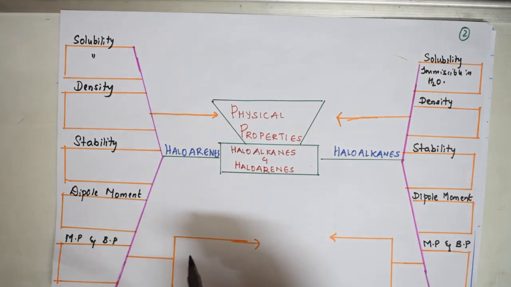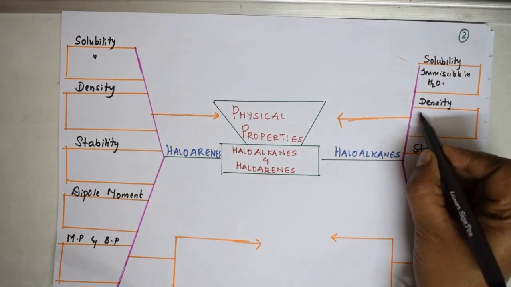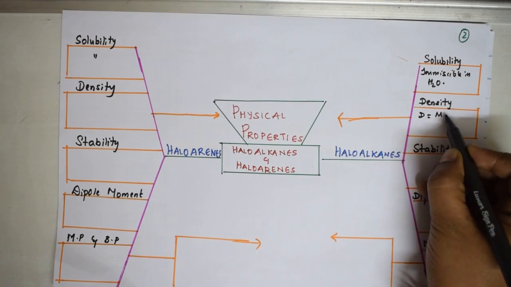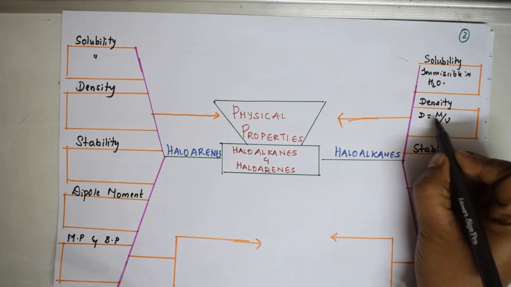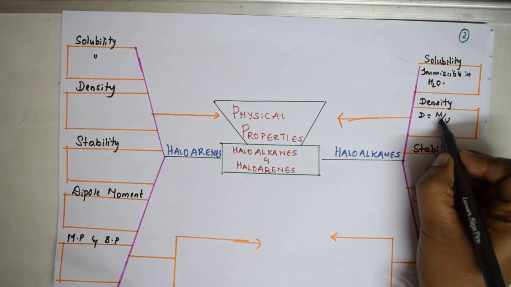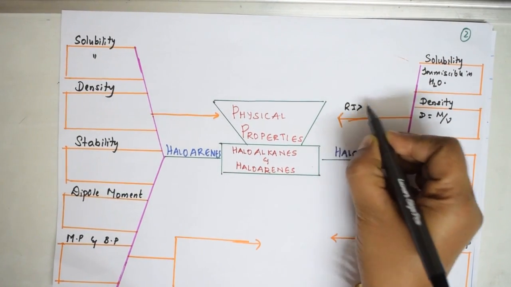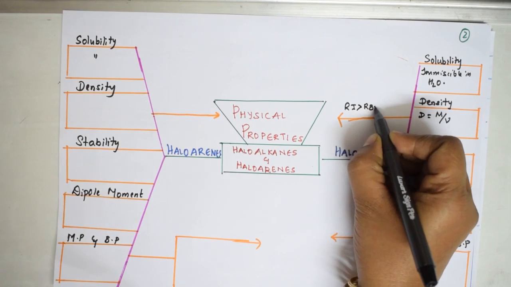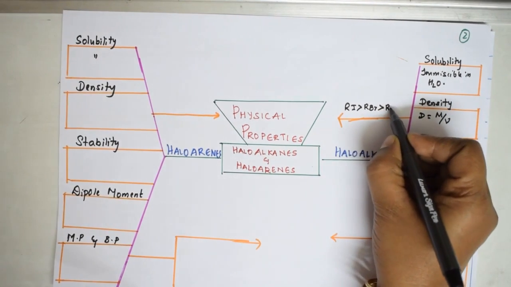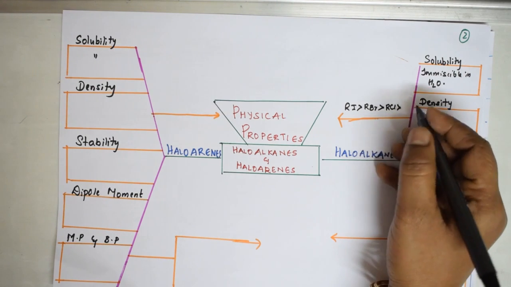Done. Next, density. What do we remember? We have studied the formula: density is equal to mass by volume. So density is directly related to mass. Yes or no? Yes. So remember, because density is directly related to mass, the order is RI is greater in density than RBr, which is greater than RCl, which is greater than RF.